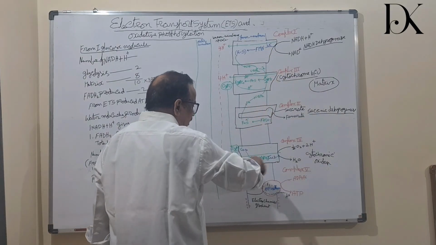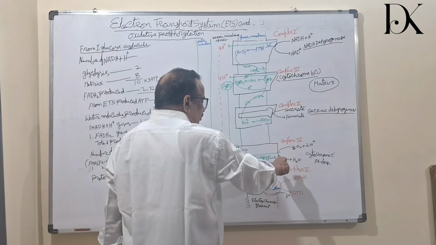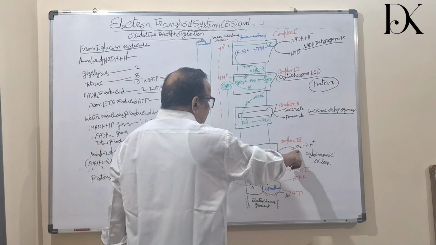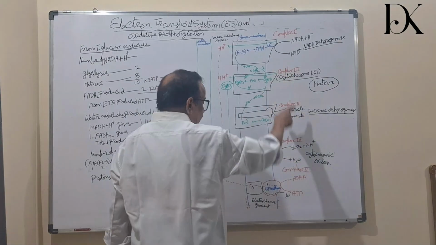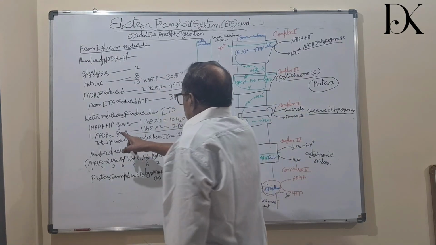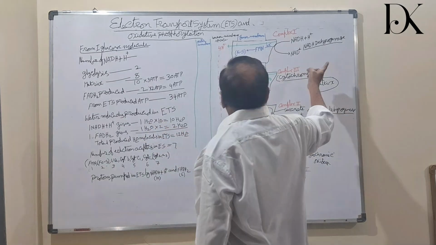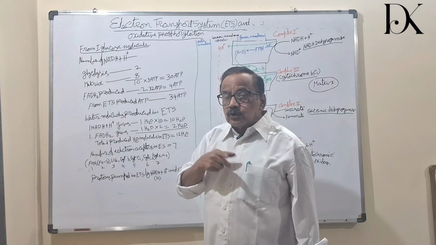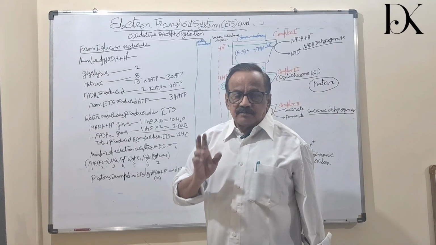These two electrons will come and come out from complex number 4, and one atom of oxygen will take them, and it will become H2O. So 1 will give 1. So 1 H2O into 10, because 10 I already told. So 10 water molecules will come through NADH.